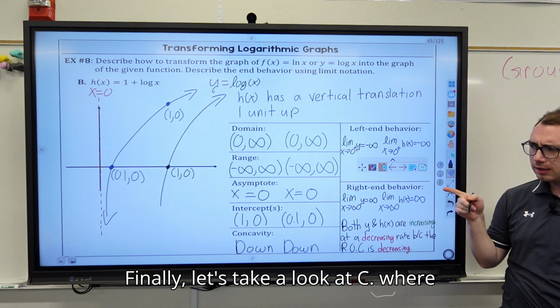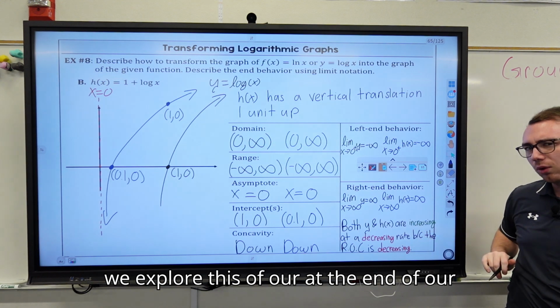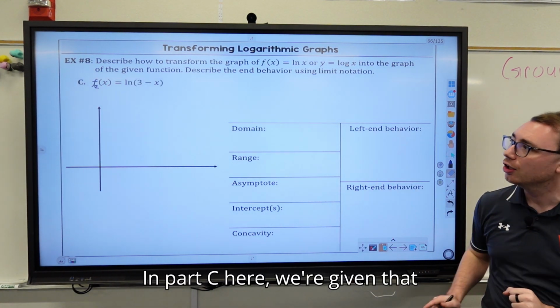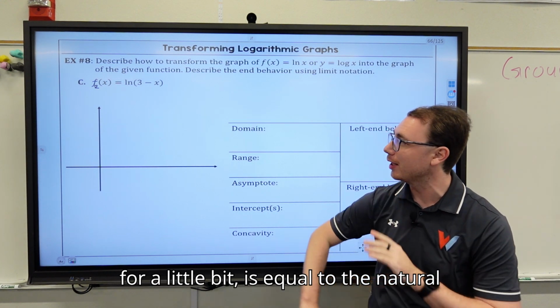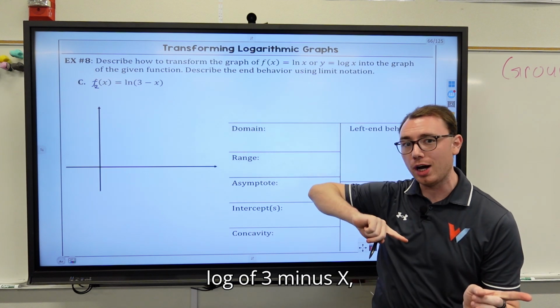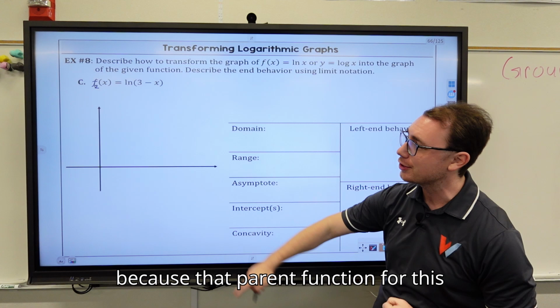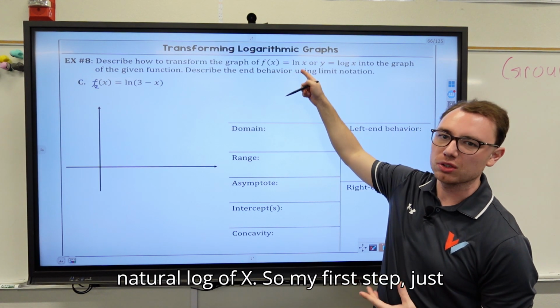Finally, let's take a look at C, where we explore this at the end of our problem. In part C, we're given that f2 of x, I'm going to change that name for a little bit, is equal to the natural log of 3 minus x, because the parent function for this problem is f of x equals the natural log of x.